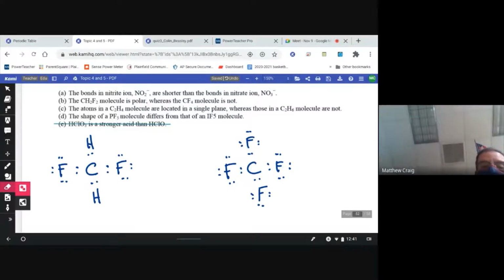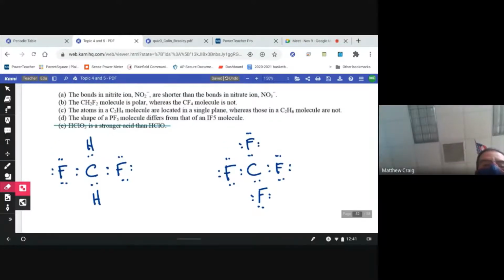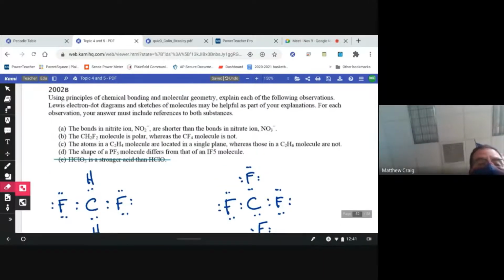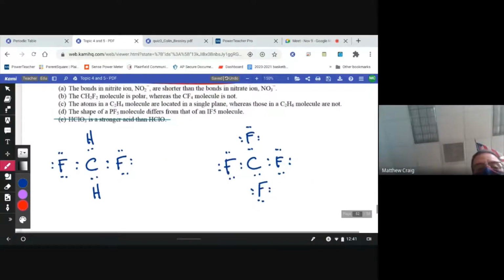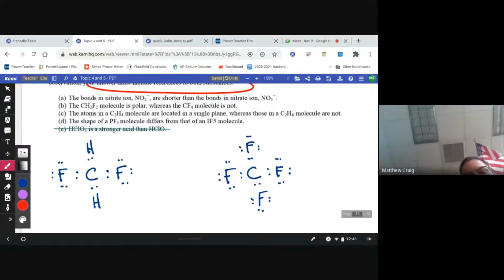So what would your explanation be for CH2F2? And again, keep in mind, your answer must include both substances. CH2F2 is polar because, Jessica?